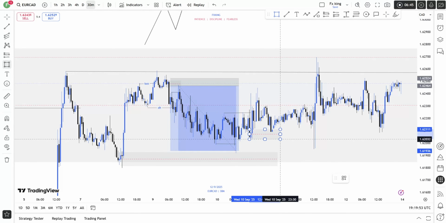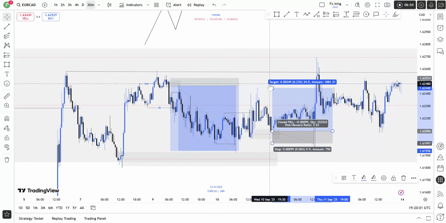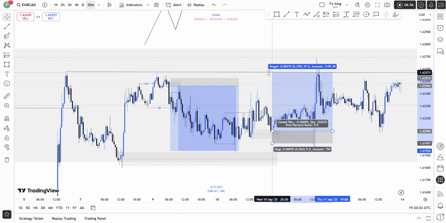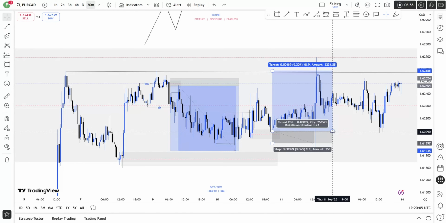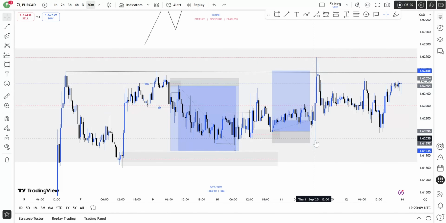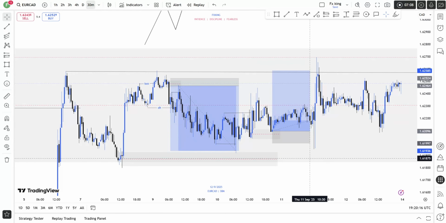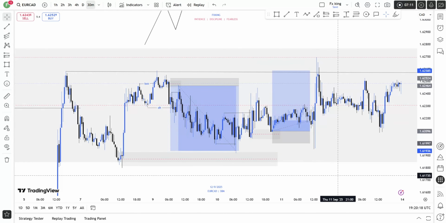I identified a demand zone here and took a trade here, and I was targeting for the market to continue and break structure to the upside. After the market played around 1:2, it eventually came back at midnight to hit me out. This move like this happened at midnight and the market hit me out.